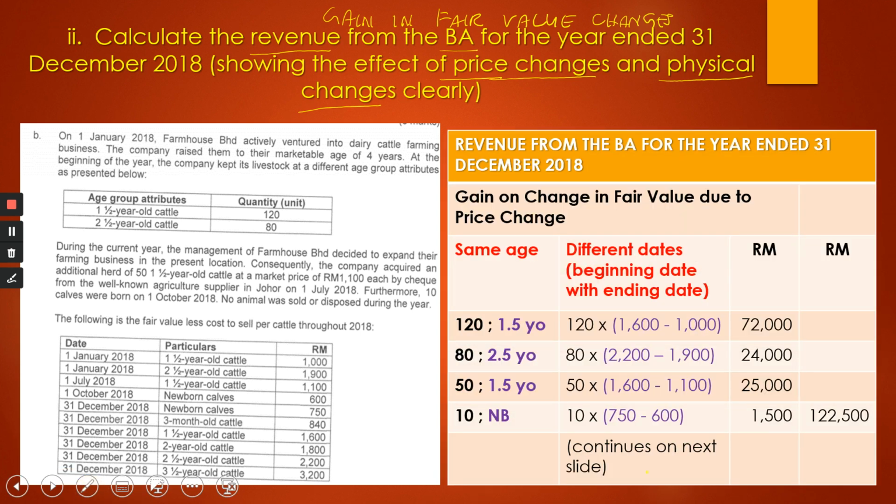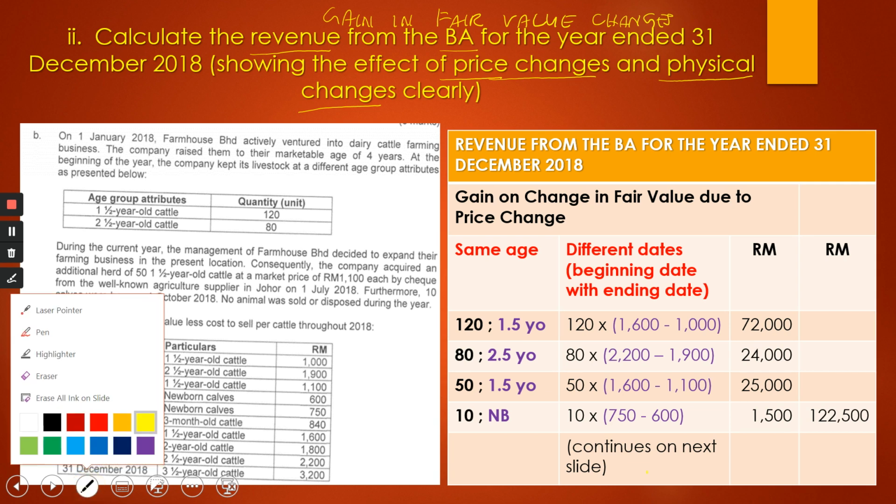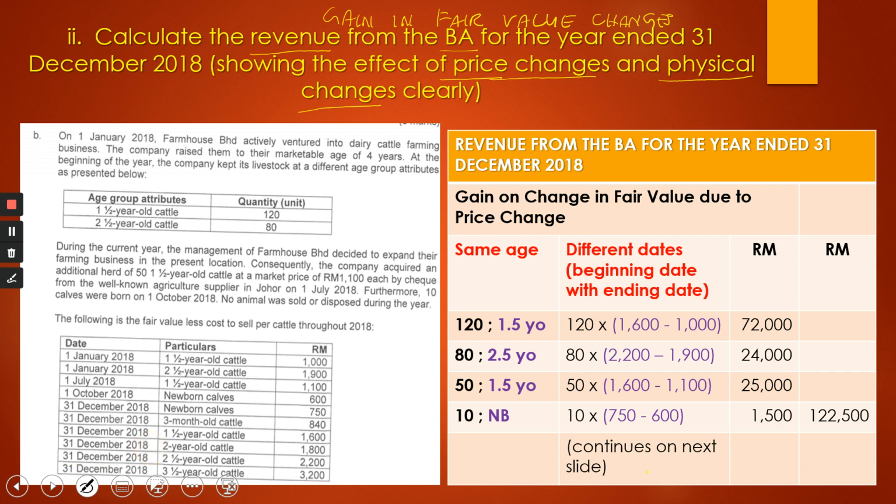So let's look at the first one, looking at the gain on fair value change, which is due to the price changes. So recall that price changes is where you have same age but different dates. So when we say same age, you need to look at the age here.